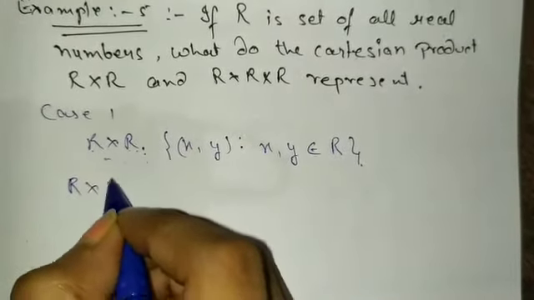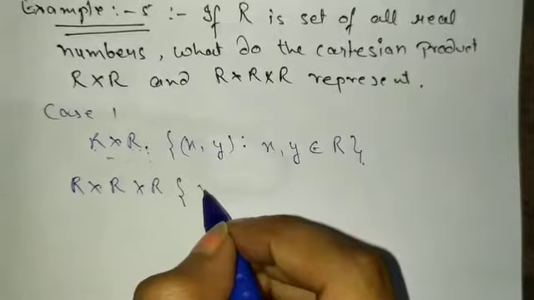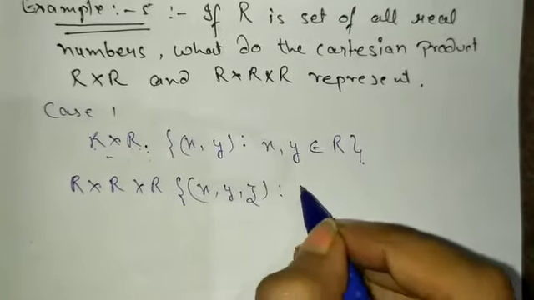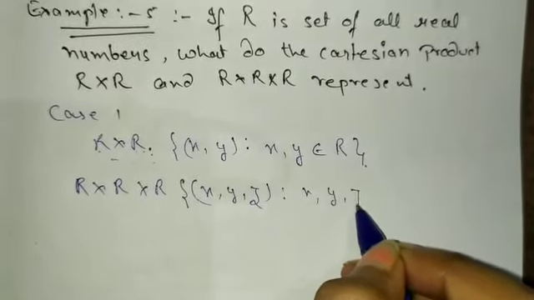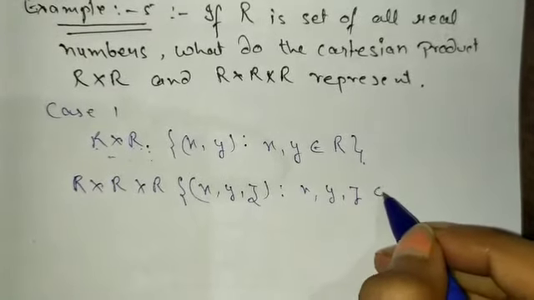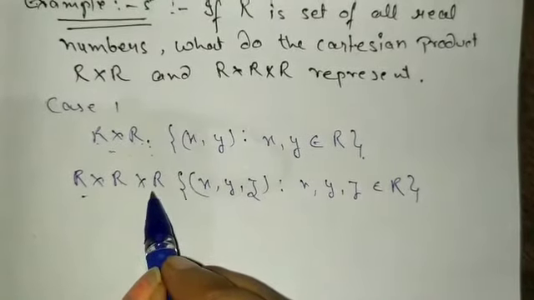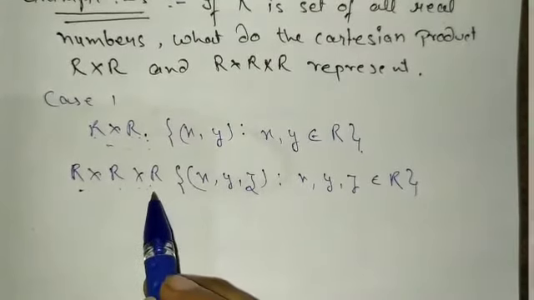Similarly, R into R into R has elements (x, y, z), where x, y, z belong to R and it represents the coordinates of a point in three-dimensional space.